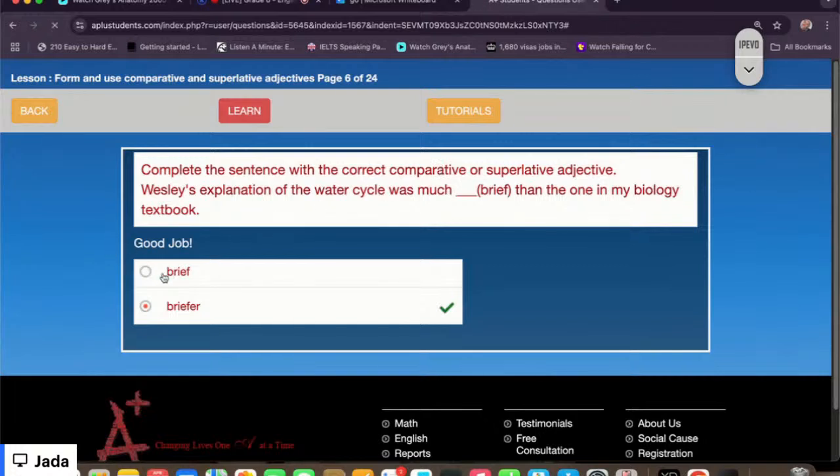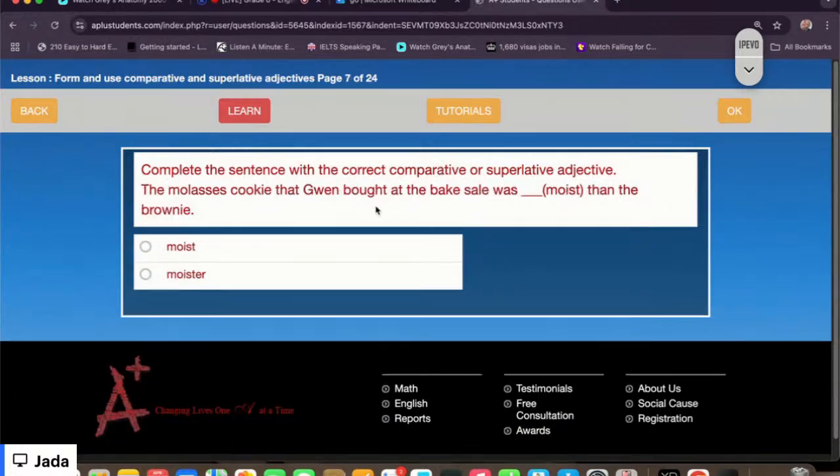All right, so we have the next one. The Buster's cookie that Gwen bought at the big sale was moist than the brownie.